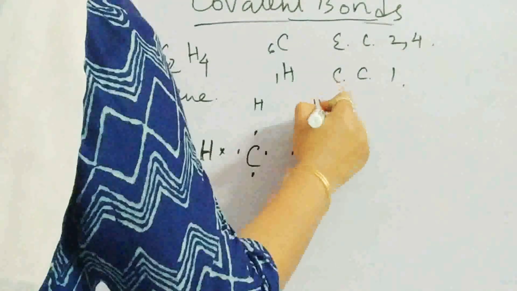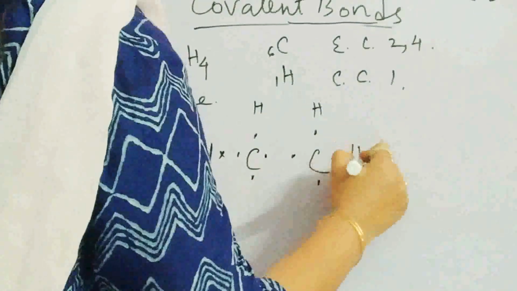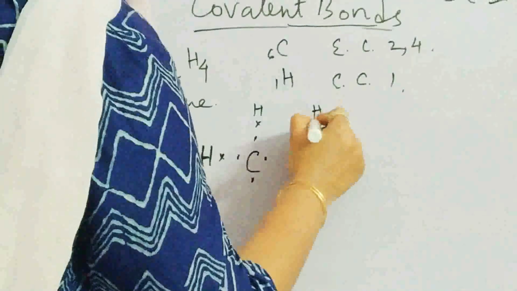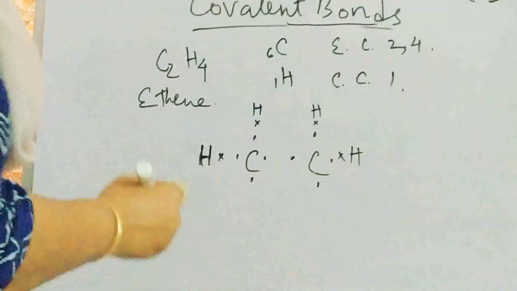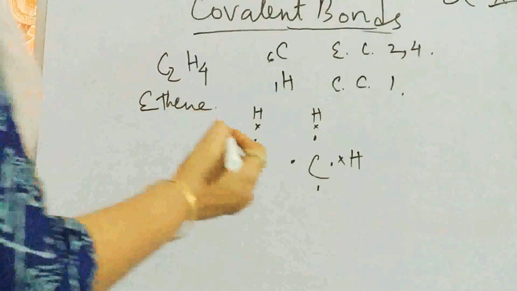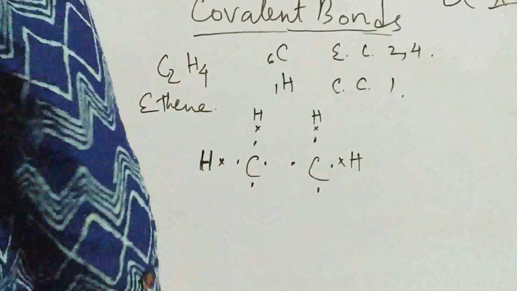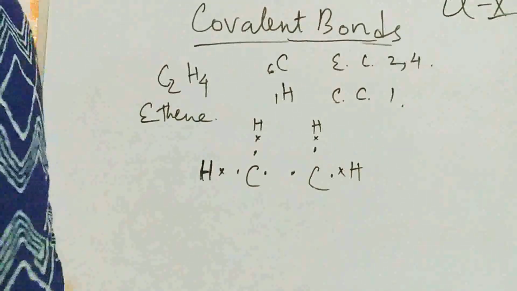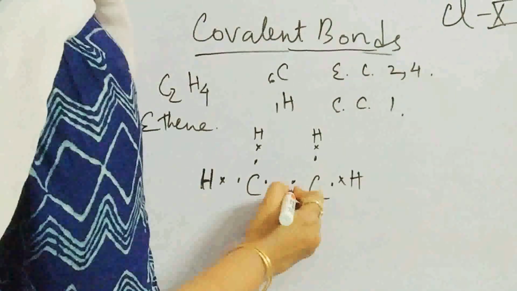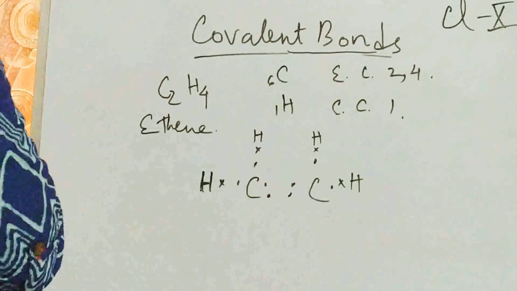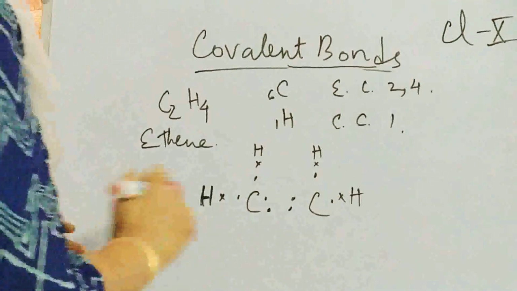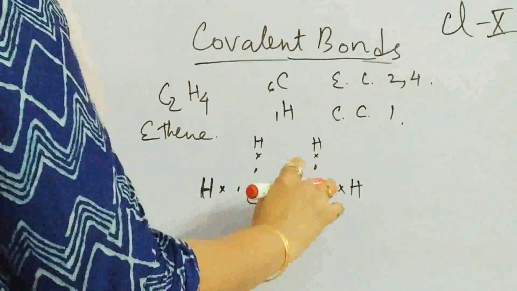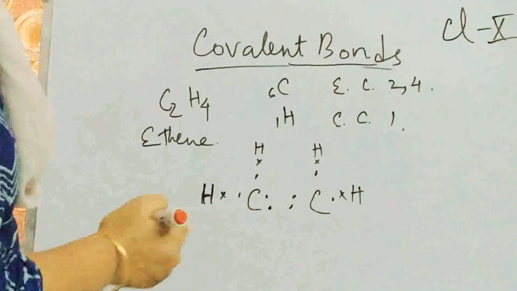Then how many hydrogen atoms are here? 4 hydrogen atoms. So 4 hydrogen atoms will stay like this, and what will happen? These two carbon atoms keep electrons in between. This carbon is keeping 2 electrons, this carbon is keeping 2 electrons in between.